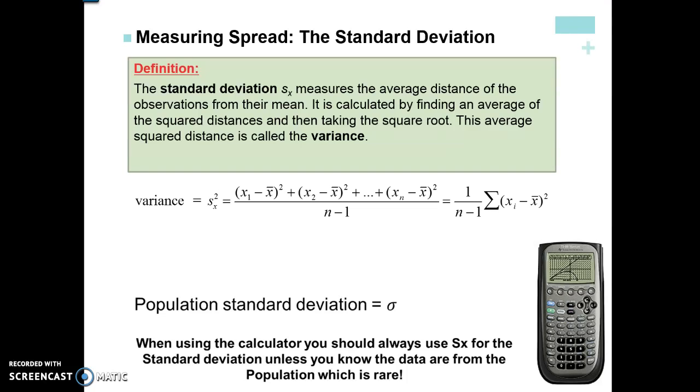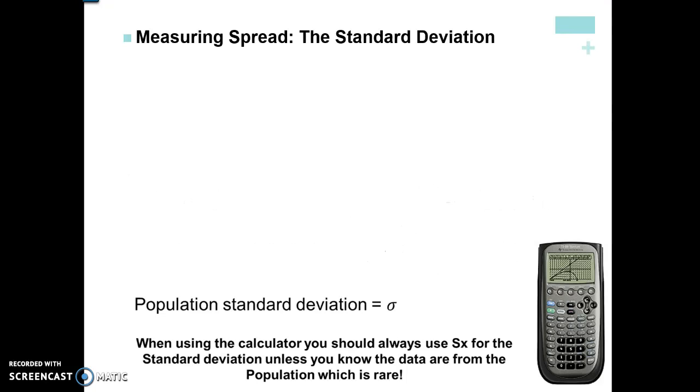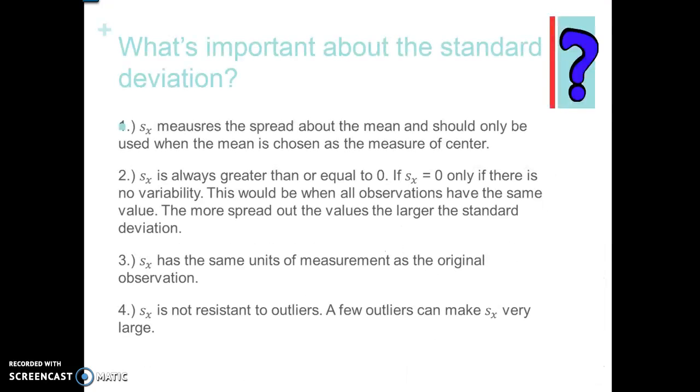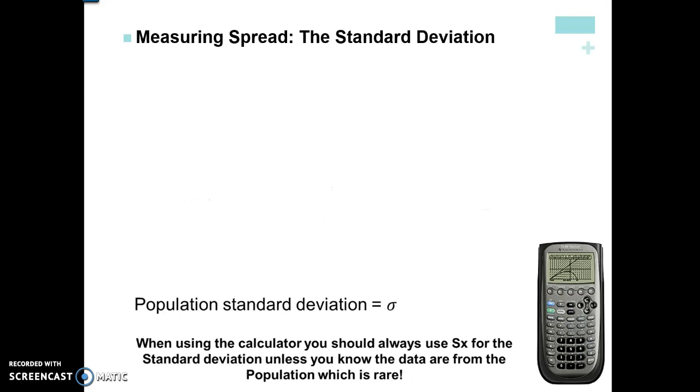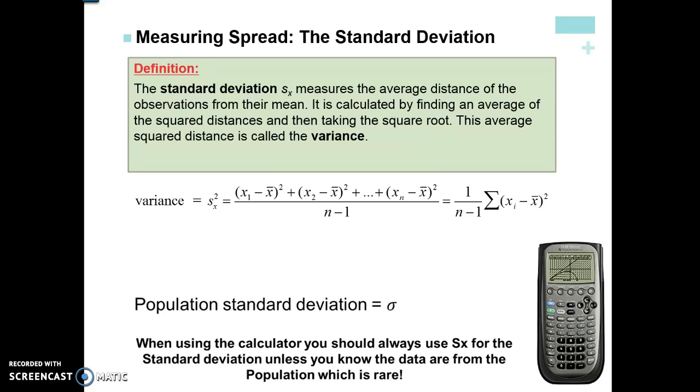Now, you're going to find 2 types of standard deviations on your graphing calculator. One is going to be a population standard deviation.